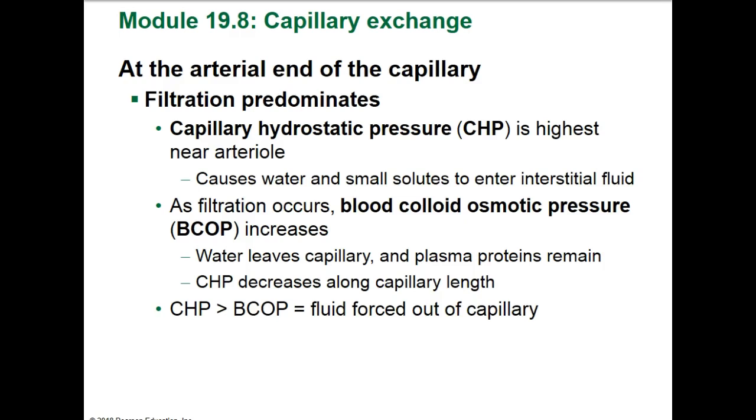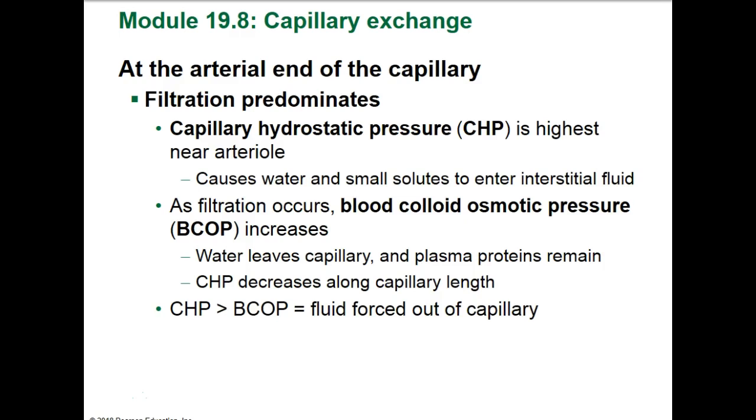At the arterial end of the capillary, so we're going to look at both ends of the capillary. If we start at the arterial end, which is the entrance, filtration is the mechanism that predominates. So capillary hydrostatic pressure is obviously going to be important to push things across, and it's highest near the arteriole. It causes water and small solutes to get into the interstitial fluid.